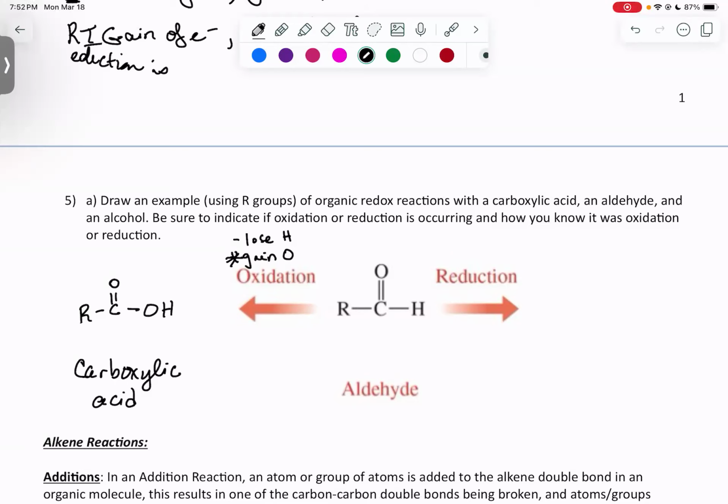Now, if I take that same aldehyde and instead of oxidizing it, I reduce it. Reduction in this case is now a gain, not of oxygen, but a gain of hydrogen. Maybe a loss of oxygen.